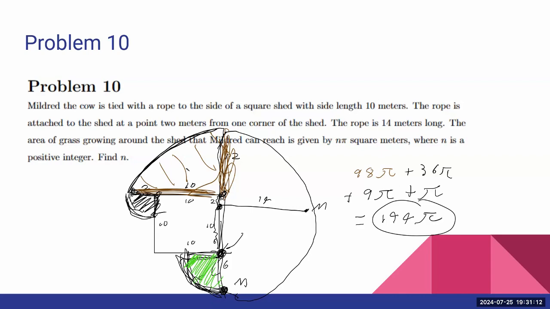We have to see if and where it wraps around to create another region. That means the problem is more than just calculating the area of a bunch of quarter circles. It's also about finding what regions this cow can go and finding the area of those.